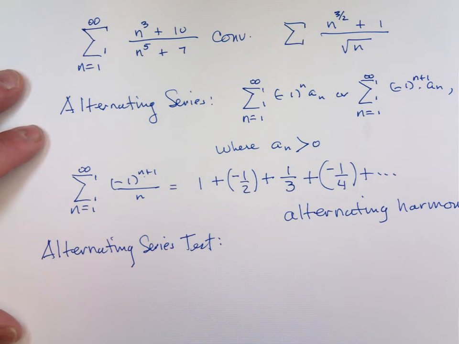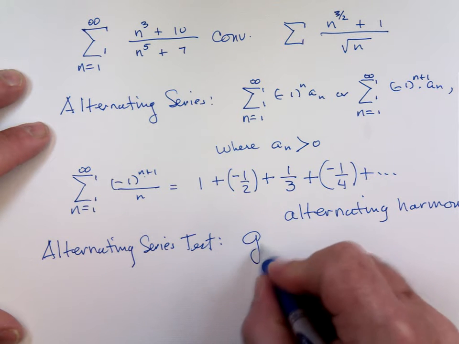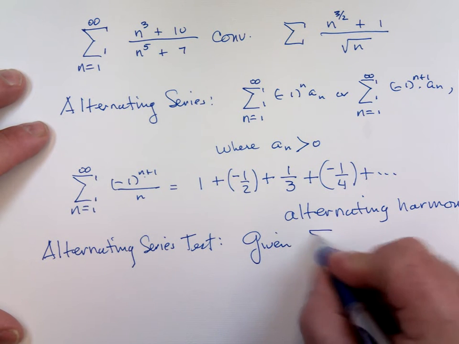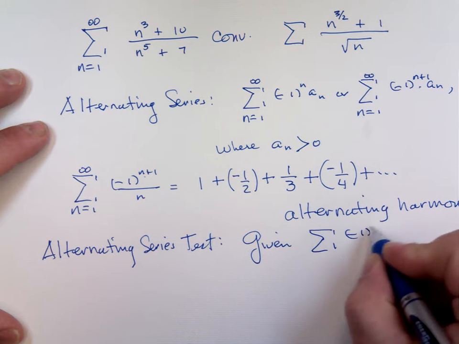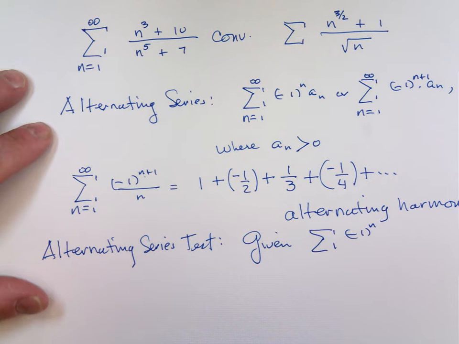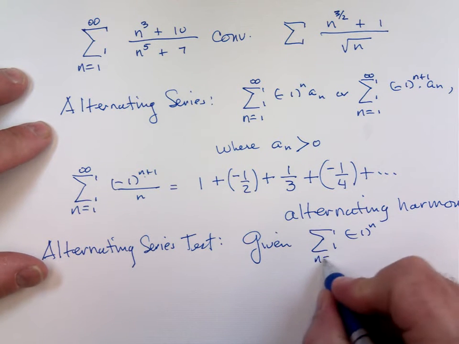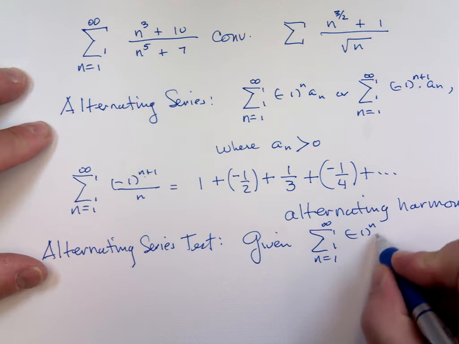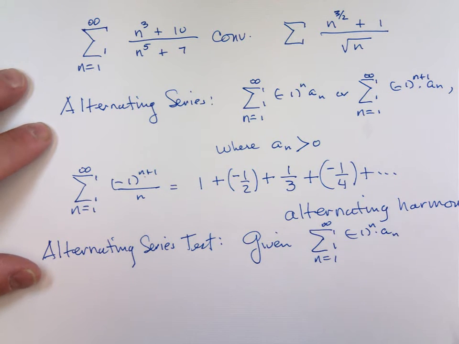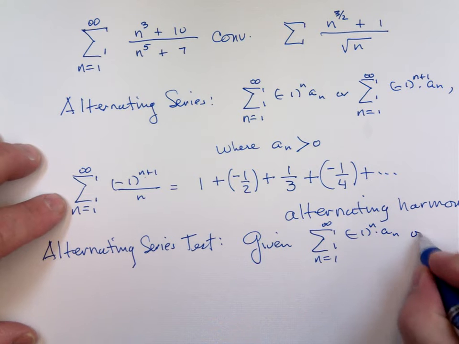It goes like this. Given an alternating series, this is either n or n plus 1. I'll write it twice.